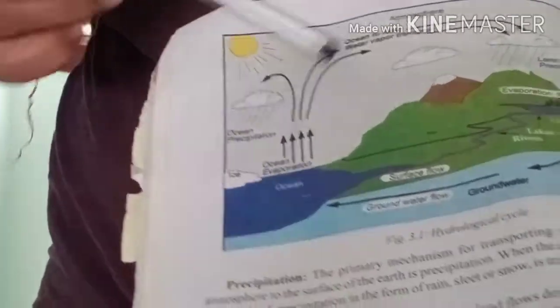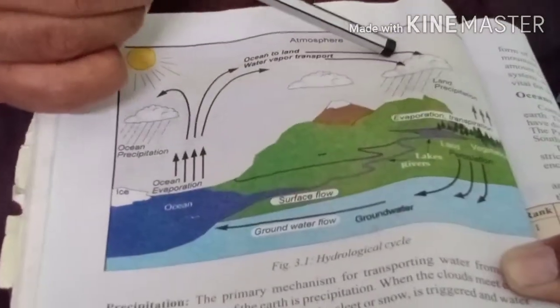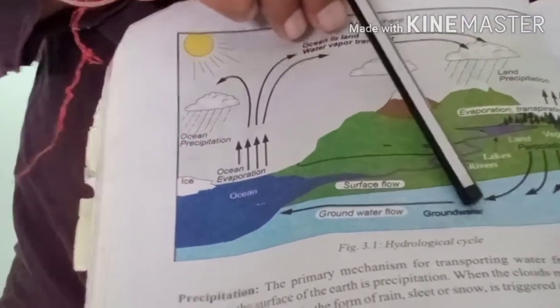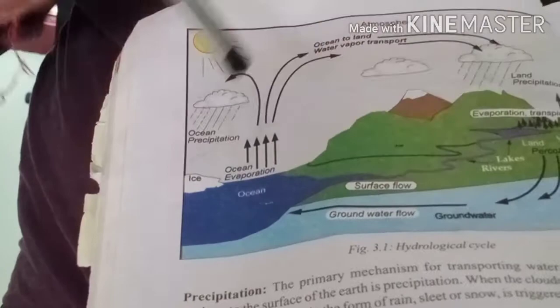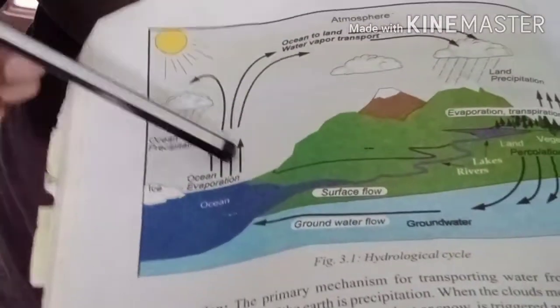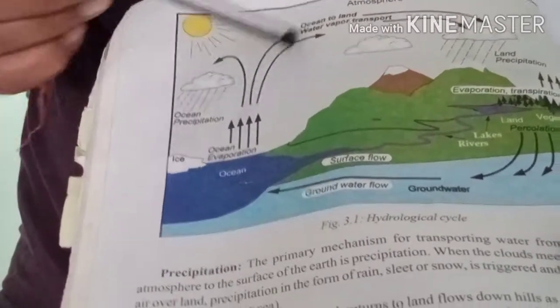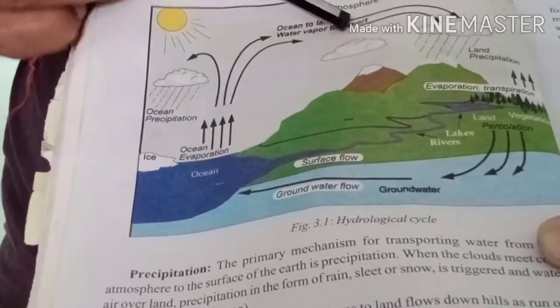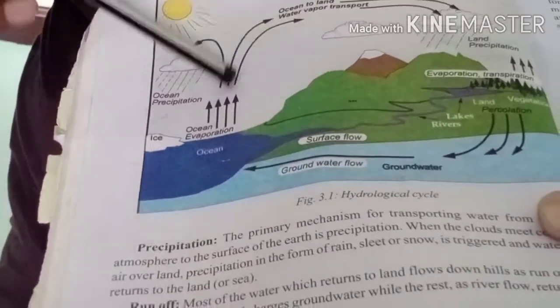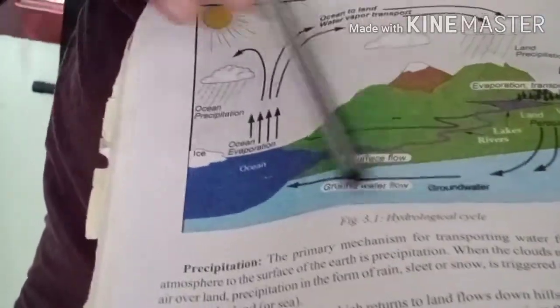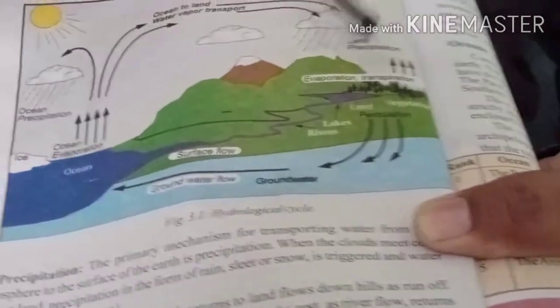Once again, the water from the atmosphere goes to Earth's surface, this is the inflow process, and again the water goes back to the atmosphere, the outflow process. This inflow and outflow process repeated in the form of a cycle is called the water cycle or hydrologic cycle.